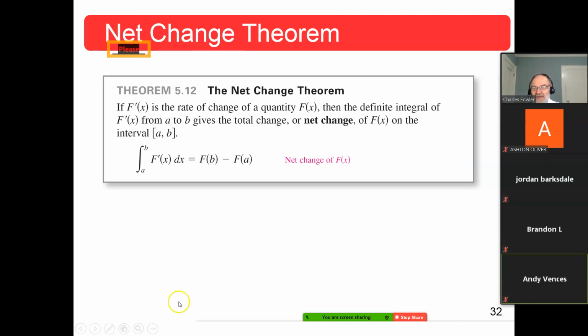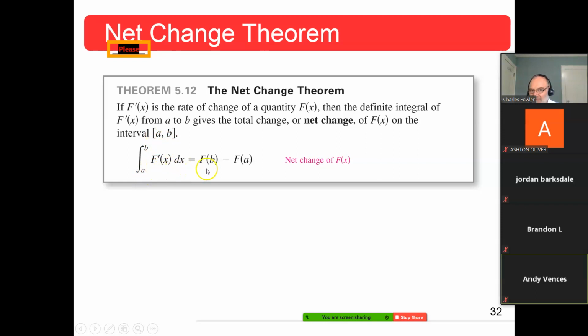If F prime is the rate of change of a quantity F, in other words, the derivative of your antiderivative, then the definite integral of that derivative from a to b gives the total change, or the net change, of F on the interval from a to b.